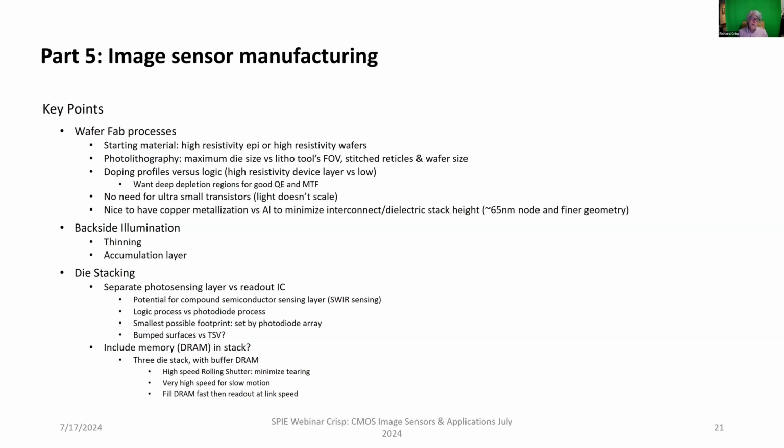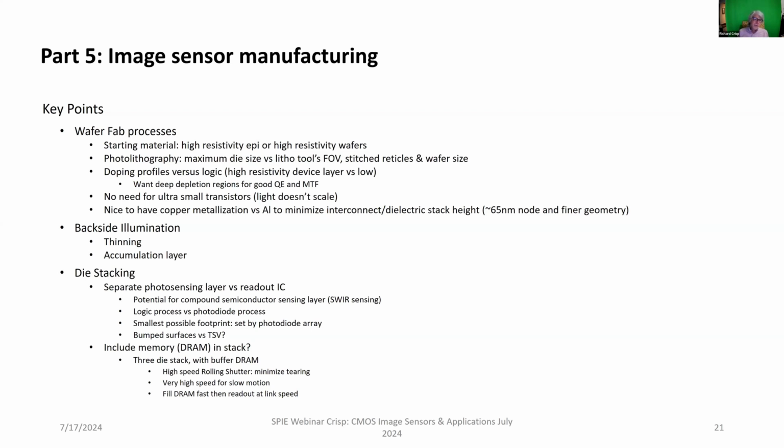We want to use something different than is used for memory or processors. And what you want are high resistivity wafers or an epitaxial layer on it. And the reason for that is you want deep depletion regions. And I don't think that I have material to talk about the depletion regions and so forth, but I'll get into that in the regular class.